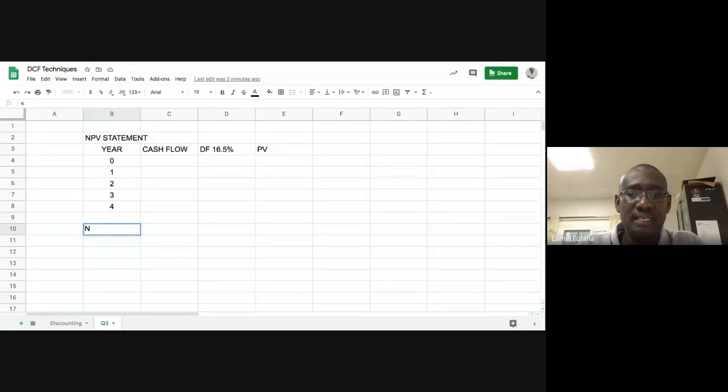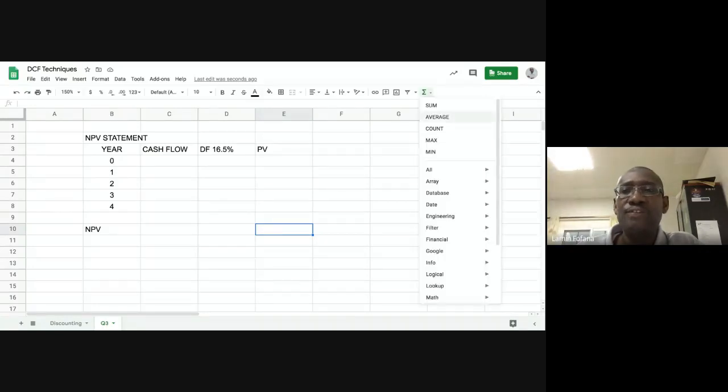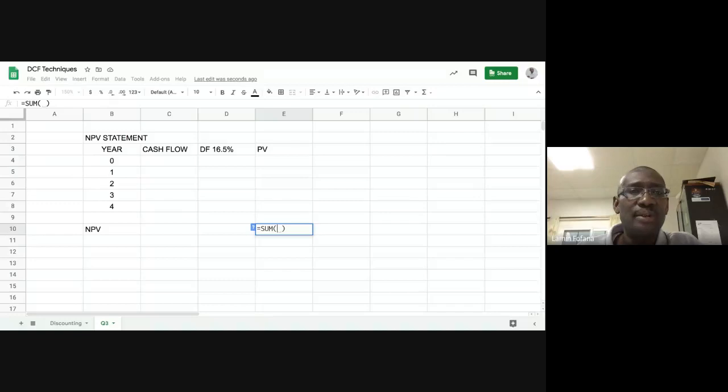NPV is the total of all the cash flows. So we can come here. The cash flow we have, there's no need to total it. What we need to total is the total of the PVs. So we can do a formula. We can do a sum formula that will start from here and end here. Then we close the bracket.